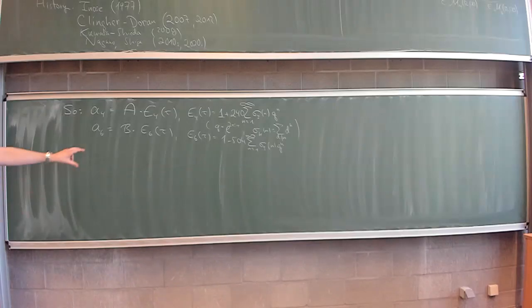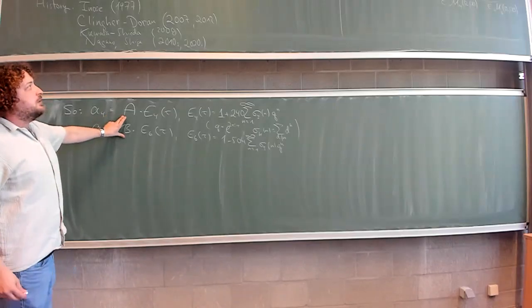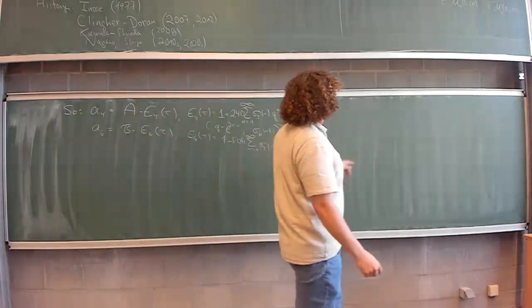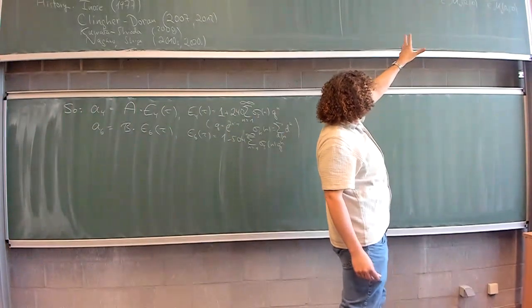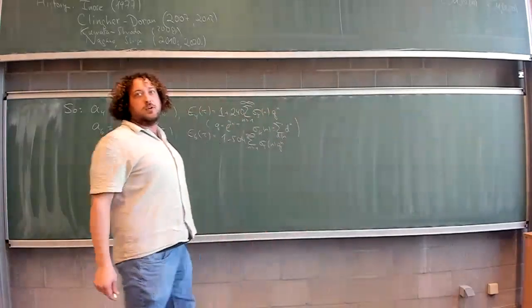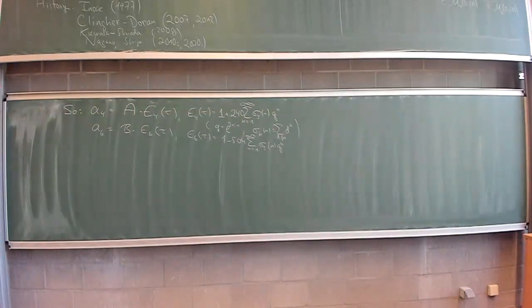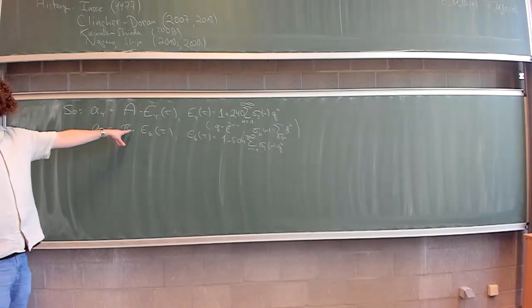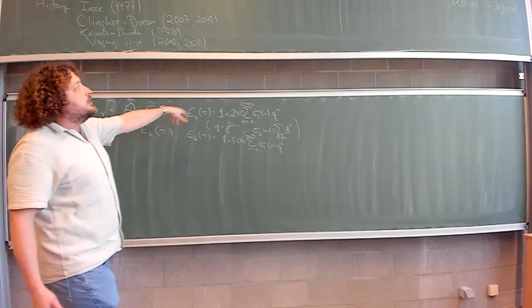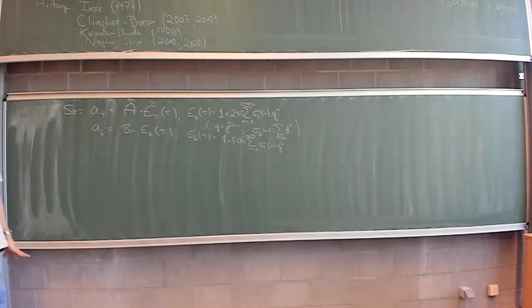These constants are not completely fixed, but they are fixed up to, in the sense of an element of weighted projective space. So we're allowed to multiply A by some 4th power of a complex number and B by some 6th power of a complex number without changing the elliptic curve. But that's it. Anything else would change the elliptic curve.